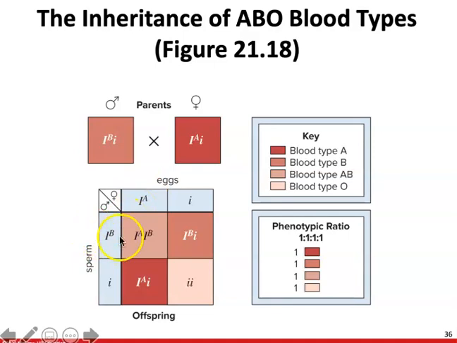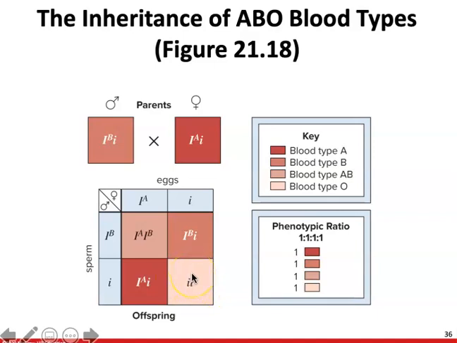If these two alleles cross, we're going to have an individual who is type AB. These two alleles cross, we're going to have an individual who is type B. If these two alleles cross, this individual will be type A, and it is totally possible that these two alleles will cross, and we're going to have a type O.